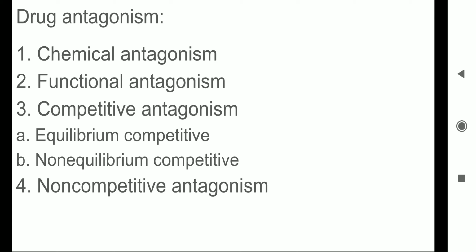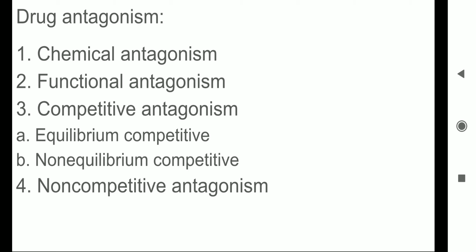Since the receptor is the same, the term here is competitive antagonism, because there will be only one receptor available for both the agonist and the antagonist. So they both will compete with each other to come and sit at the receptor, hence the name competitive antagonism.